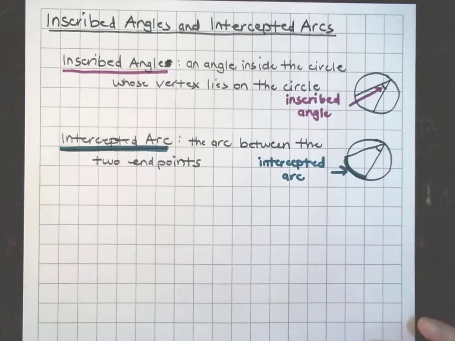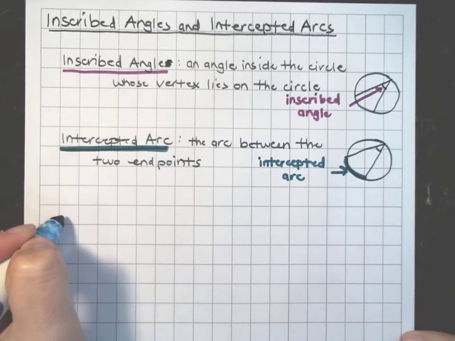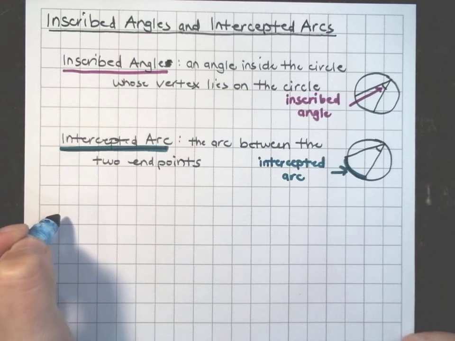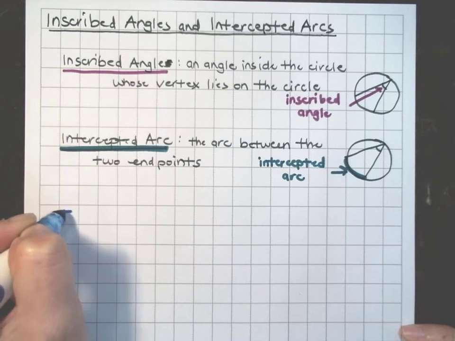And the relationship between these two is the measure of an intercepted arc is 2 times the measure of its inscribed angle.